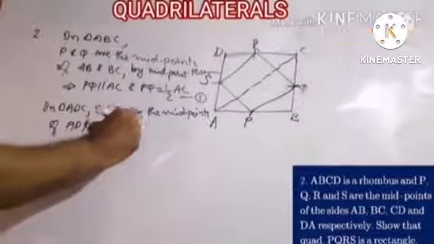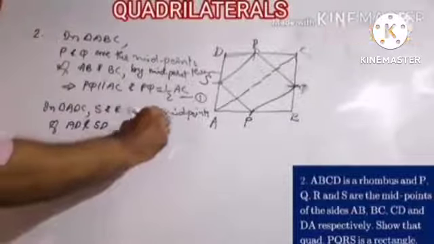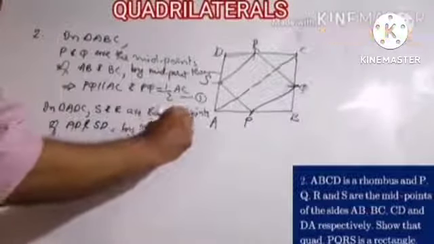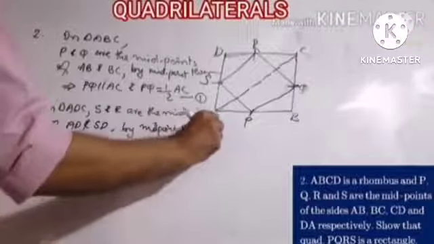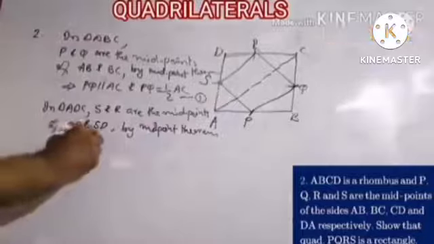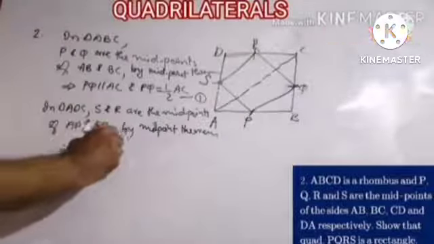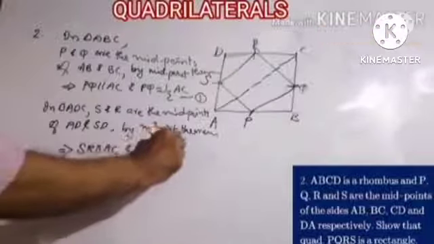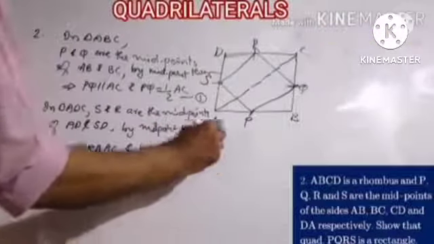By the midpoint theorem, we get SR parallel to AC and SR equal to half AC.